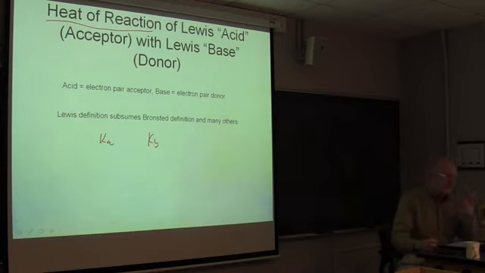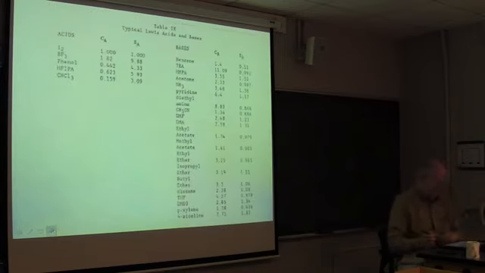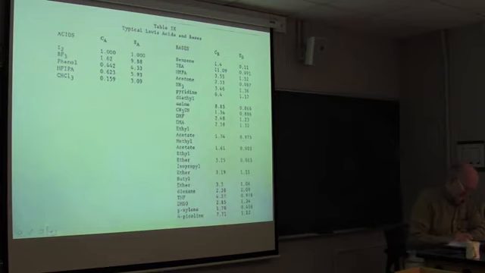But it turns out that this doesn't work when we start talking about Lewis acids and Lewis bases. It was found quite some time ago that a Lewis acid, and here are some typical Lewis acids: iodine, boron trifluoride, phenol, hexafluoroisopropanol, one of my favorites, and chloroform, are all Lewis acids.